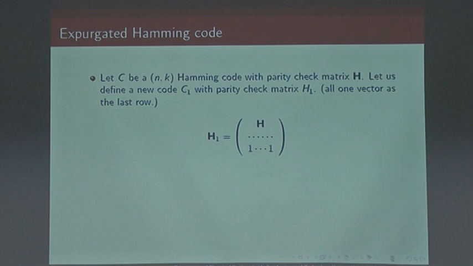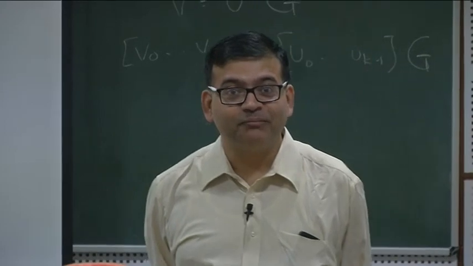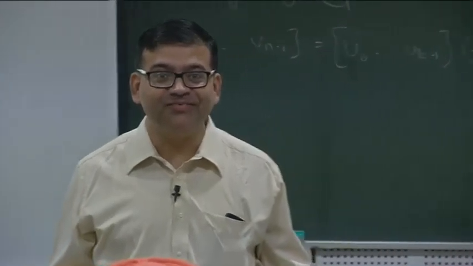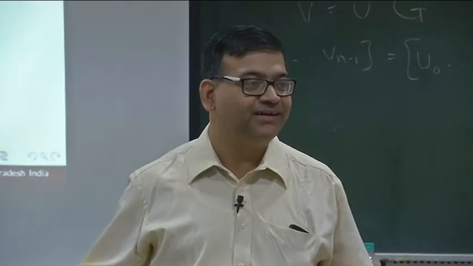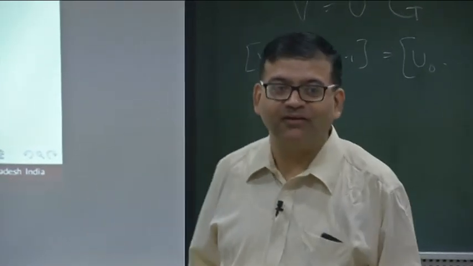Now, tell me, if this is a parity check matrix of a Hamming code, what is the minimum distance of this new code with H1? Exactly, because now there is no odd weight code word, d min has to be 4.